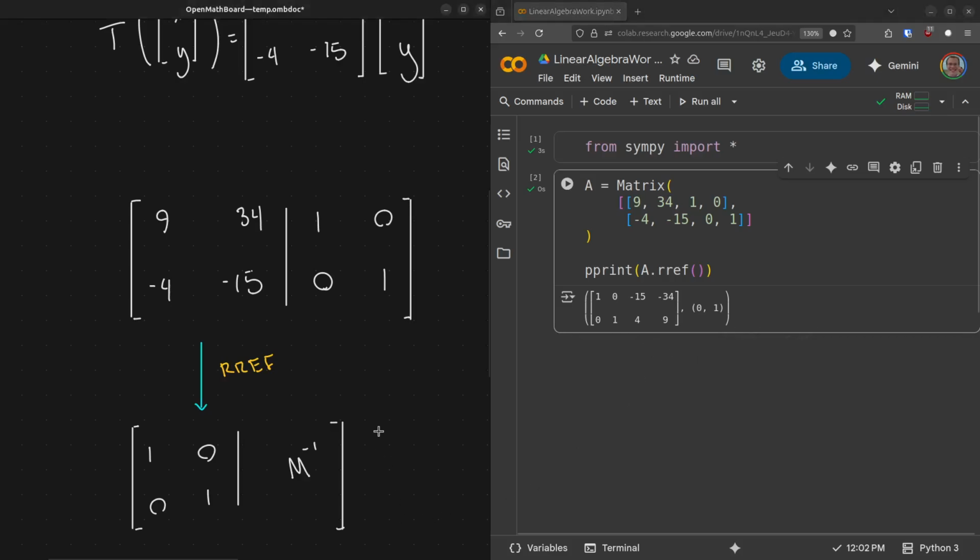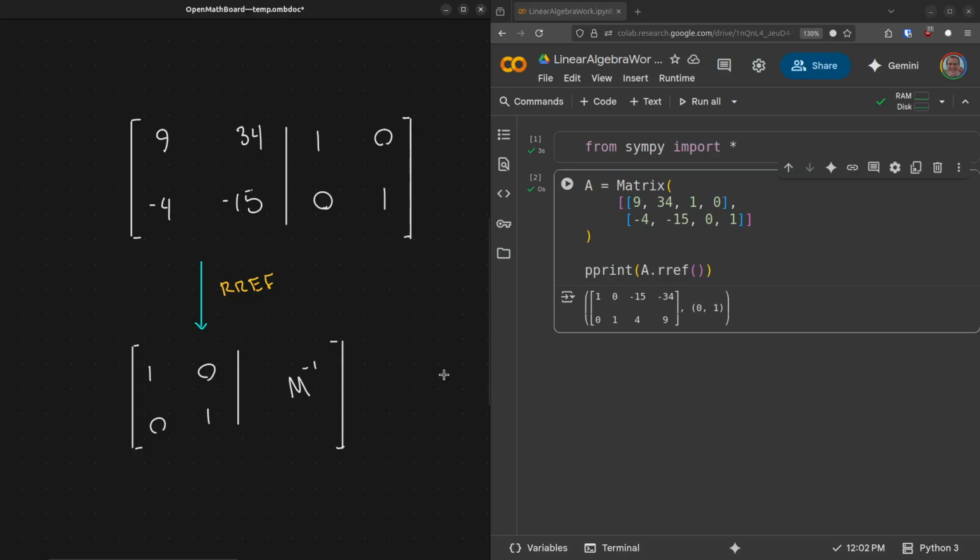And there we have our matrix in reduced row echelon form. So let's plug that in here. We get 1, 0, negative 15, negative 34, 0, 1, 4, 9.